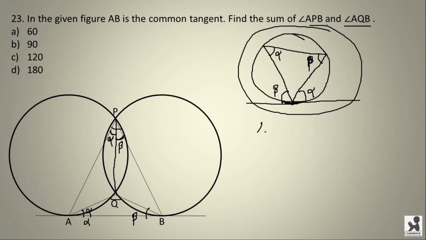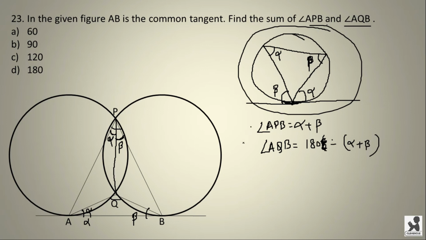We get angle APB is equal to alpha plus beta. And next, angle AQB equals, since this is a triangle, we get angle AQB as 180 minus (alpha plus beta).